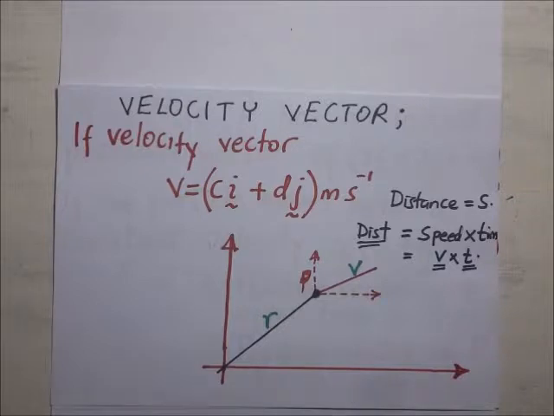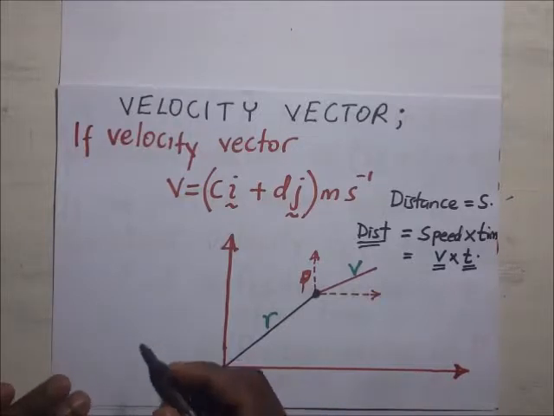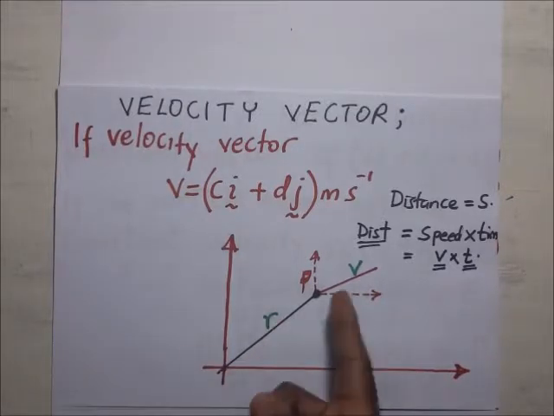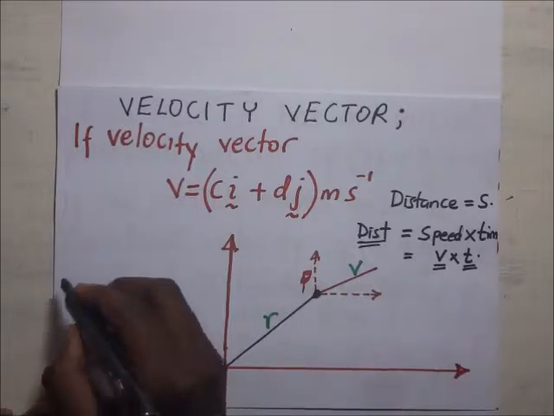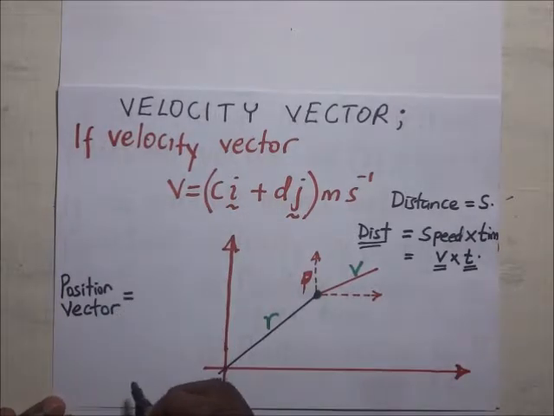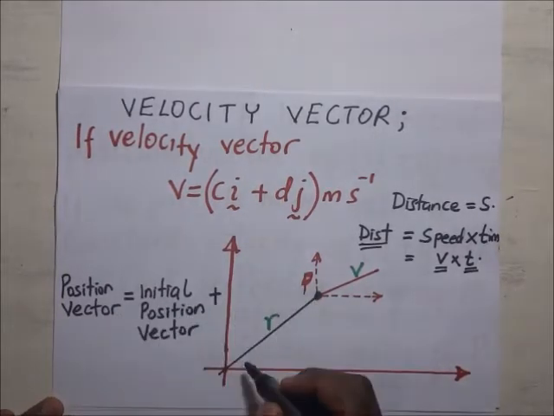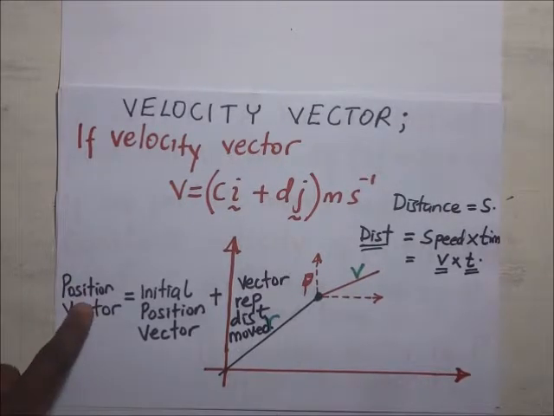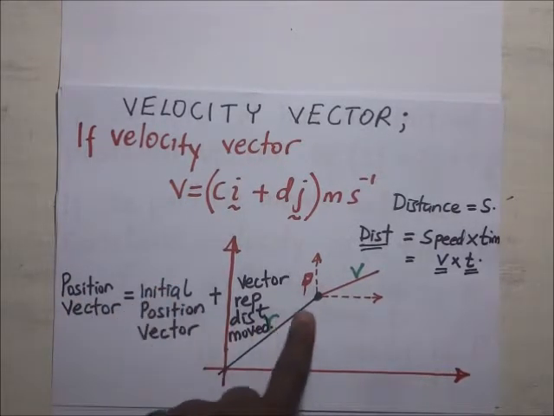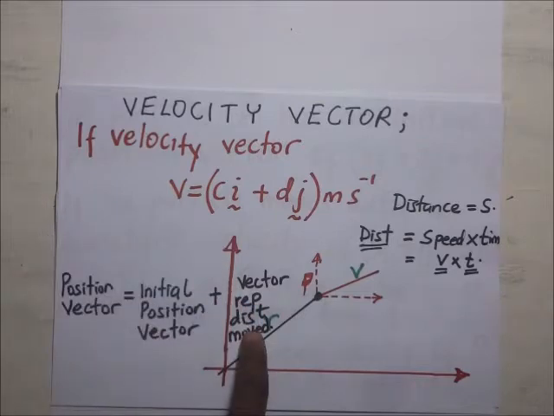So the position vector of a particle after a certain time t will be given by the new position vector equal to the initial position vector of this particle plus the vector representing how much it has moved with time.